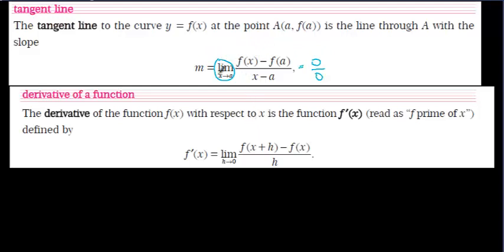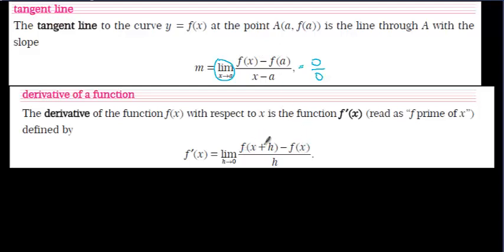Okay, here this formula and this formula are similar formulas. The point h is chosen as a very close point to a, and then it's going to be f(a plus h) minus f(a) over h, because when you replace x by a plus h, this is going to be f(a plus h), and this is f(a) minus f(a).